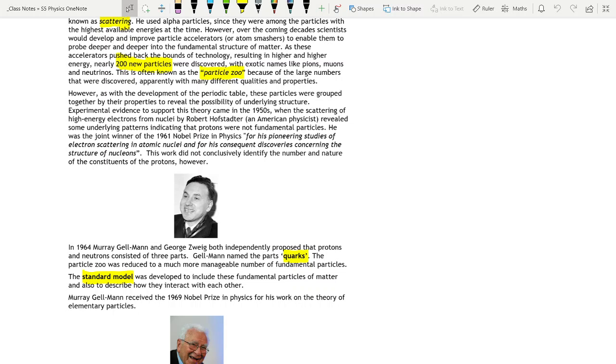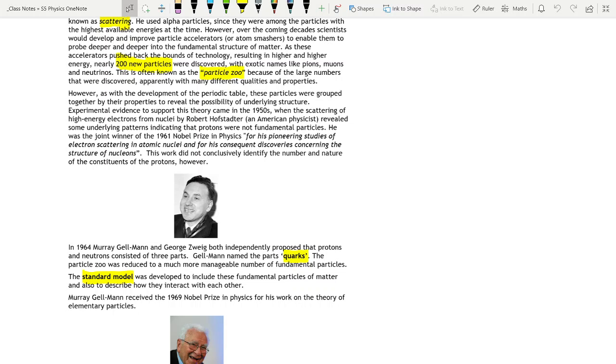We can now accelerate things. We can move them. We can deflect them. We know that. So we can smash other particles together and see what happens. That's basically what this is saying: scattering is smashing particles together, seeing what happens, and observing the effects.